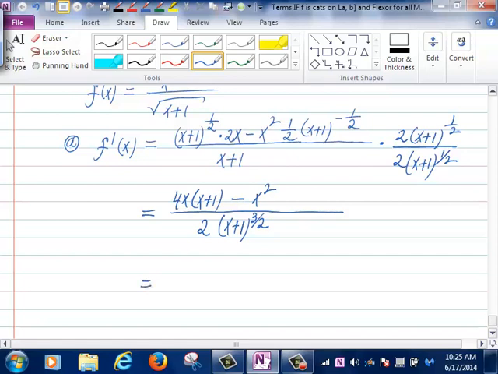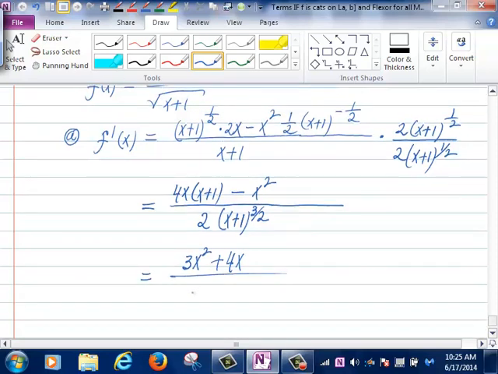I get 4x squared plus 1 minus x squared, right? So what is that? 3x squared plus 4x divided by 2 times x plus 1 to the 3 half. Okay, so that's the derivative, right?